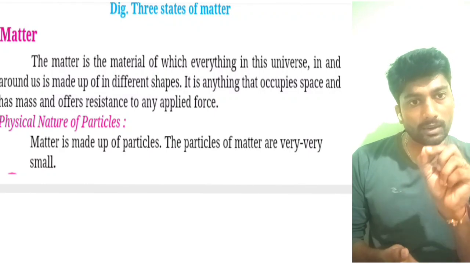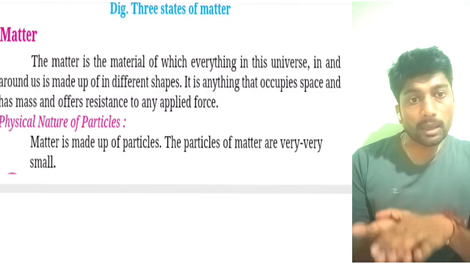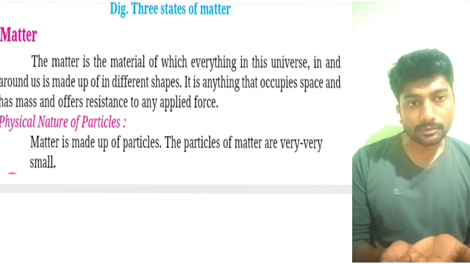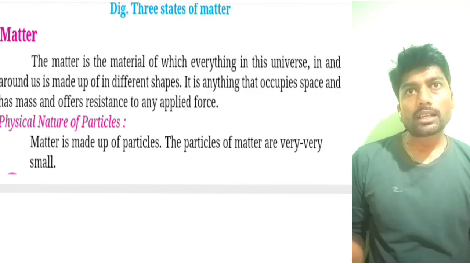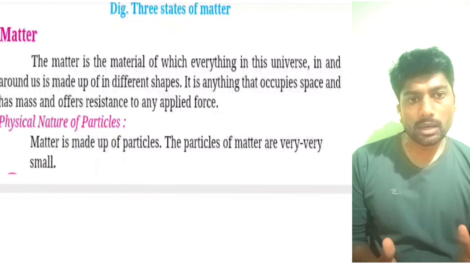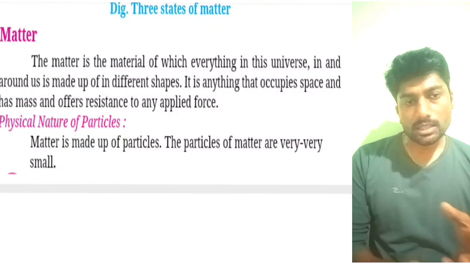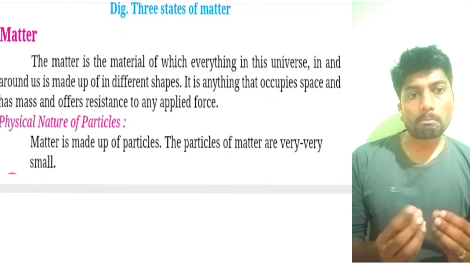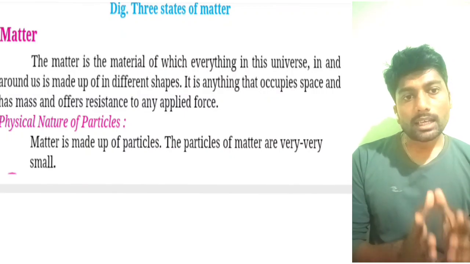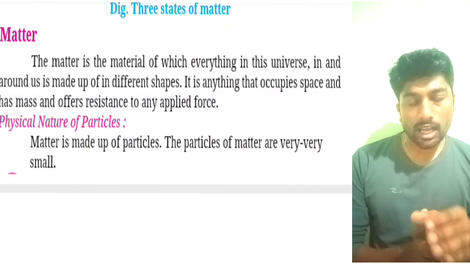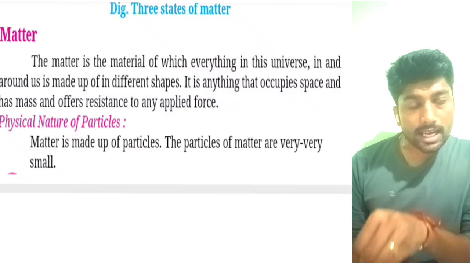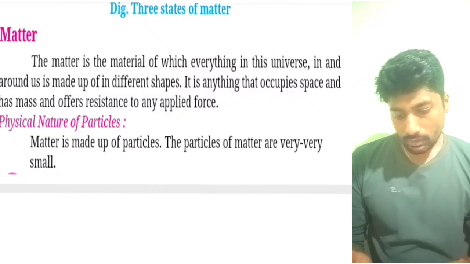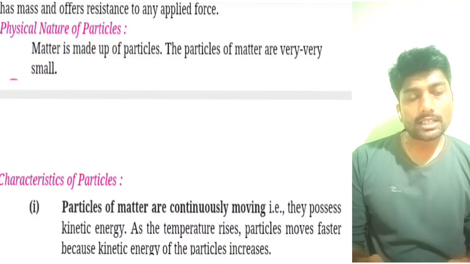So every pen occupies exact space and has a particular mass, length, width, and weight. Everything in our surroundings is matter: a motorbike, a car, a book, a pen, maybe a mobile. All matter has mass and occupies space. That is matter. Next we will go to the physical nature of matter.